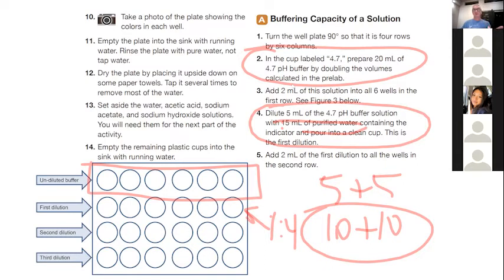And then we're going to dilute it again. So basically what we're doing is we're lowering the buffering capacity each time. Each time we dilute it, we're reducing the capacity. And the capacity being how much strong acid or base can it absorb before the pH changes.